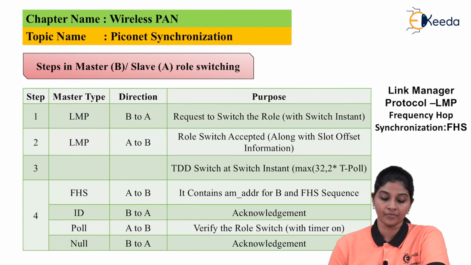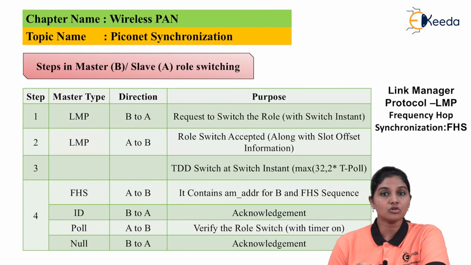T poll. Now in the fourth step, various combination steps are involved. The first one is FHS, and the direction is from A to B. It contains the device address, which is the AM address for B, and the FHS sequence. Then next is ID, which is the information transmitted from B to A, and that ID acts as an acknowledgement.